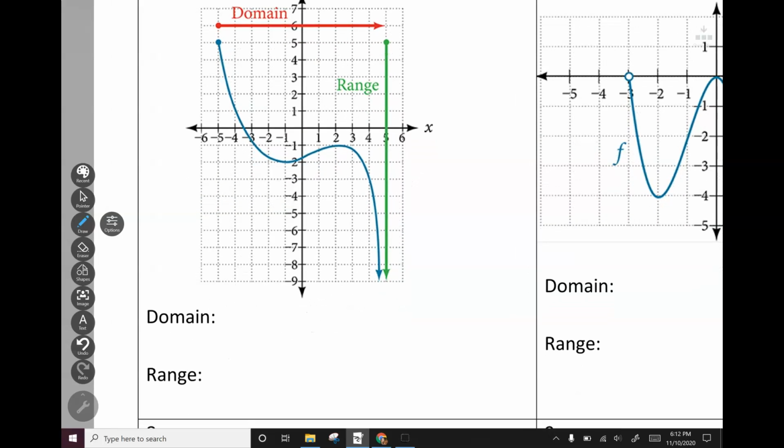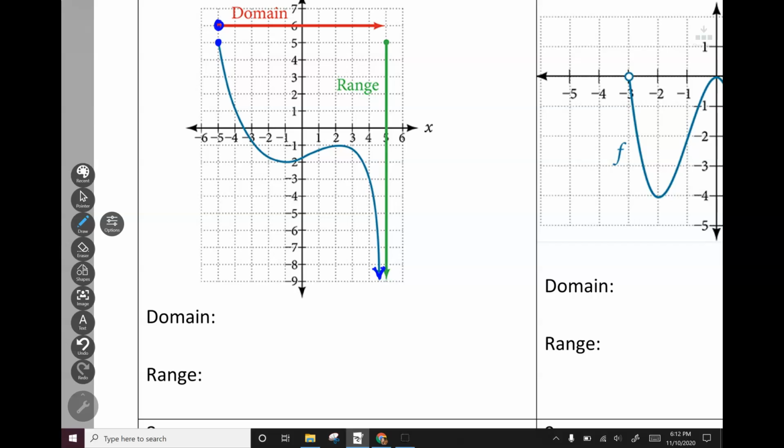All right, first of all, domain, remember, is all of the x values. So looking at this example, they have drawn this arrow here denoting, hey, these are all of the x values. The x values start here at -5, and then the graph continues on until it goes down, and it goes down forever.